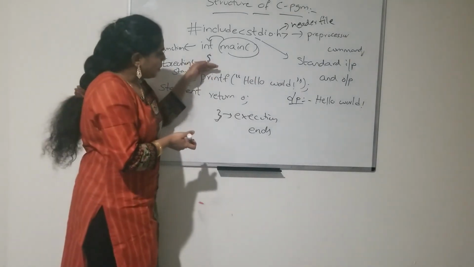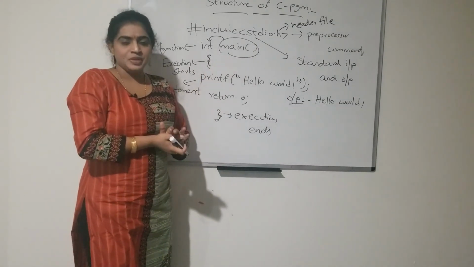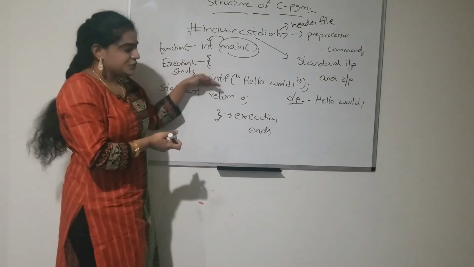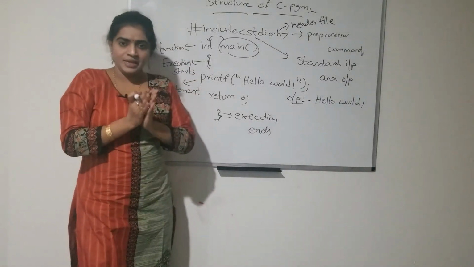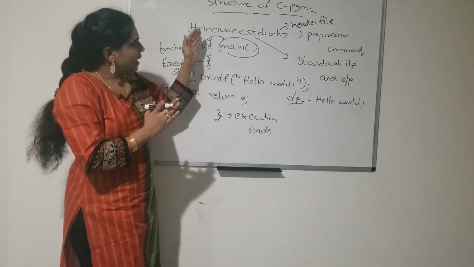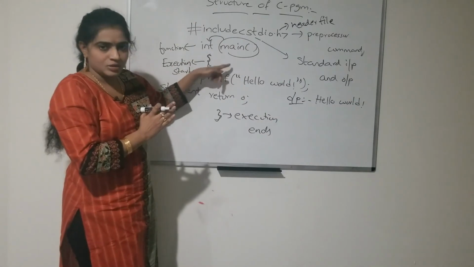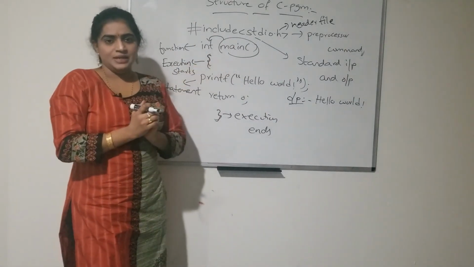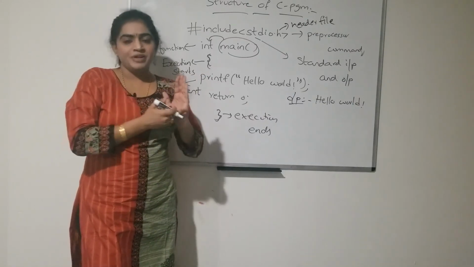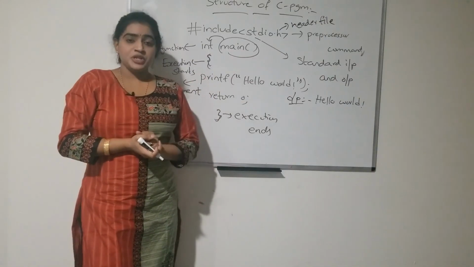In the block, for some programs we will declare some variables, so that variable section will be there, as well as the statements and expressions section, in the structure of a C program. Here I have taken a preprocessor command, the main function and statements. No variables I have declared. Variable declaration is optional; according to your program requirement you will declare. So that's about the structure of a C program.